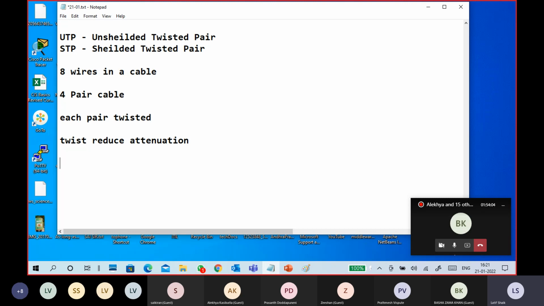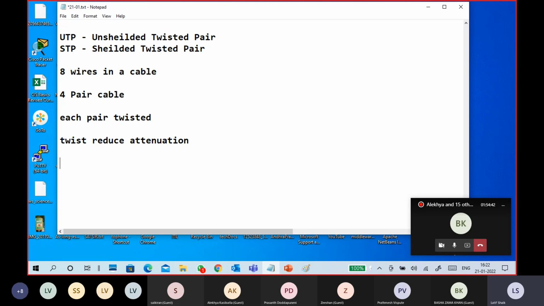When you are transferring data over a certain length of wire, data loss will occur, so the signal strength will be reduced. Your signal strength is reduced after a certain distance, and it slows the data communication.